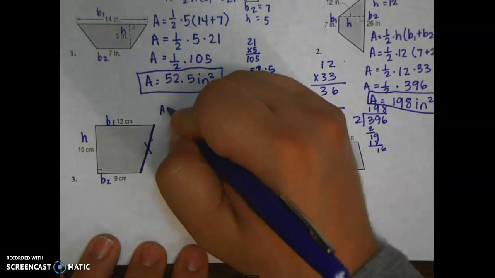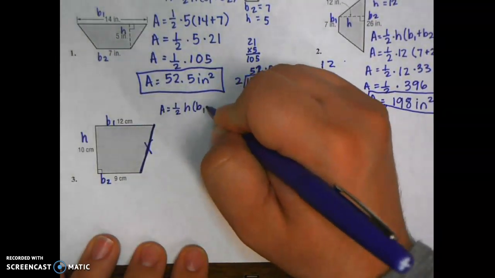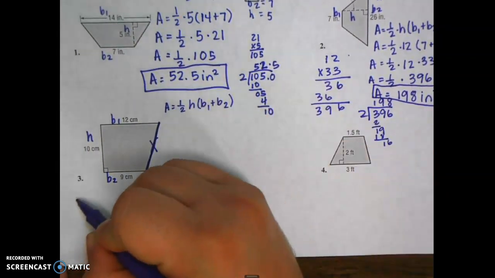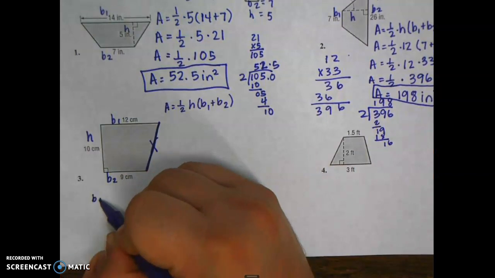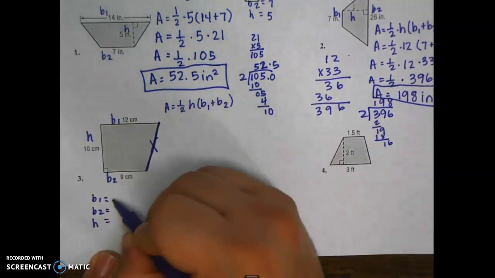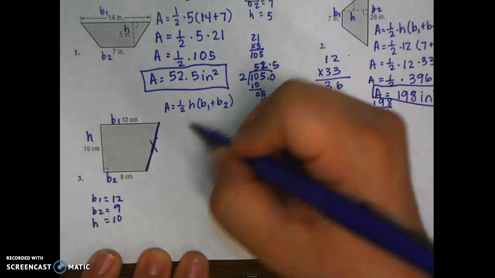So area is 1/2 of the height times B1 plus B2. So I have, I'll put it down here, B1, B2, and height. Identify what each of those are, 12, 9, and 10. And now substitute those into your formula.